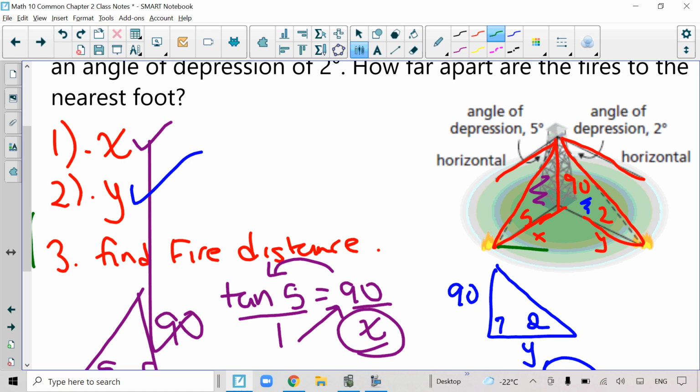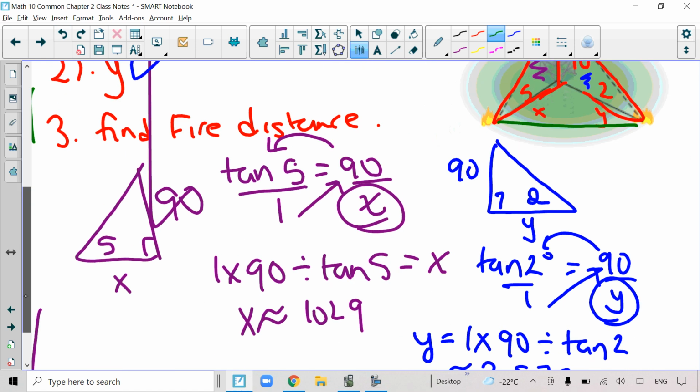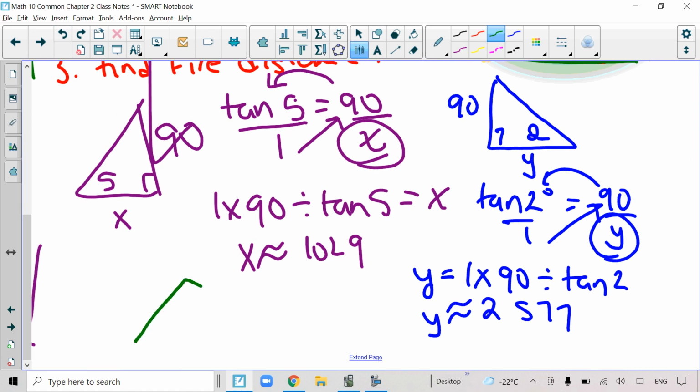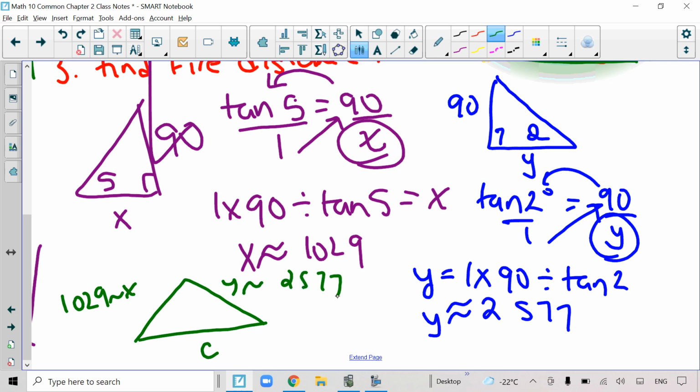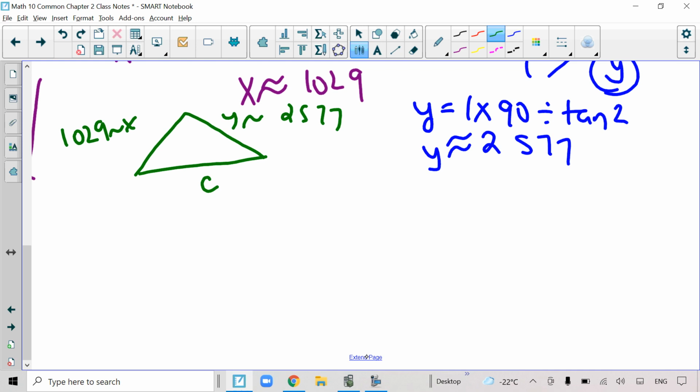I'll come down here, and it's made up of side x, side y, and then I want to find the hypotenuse because this is the distance between the fires. So we know that x is about 1029. We know that y is about 2,577, but again, we are not using the exact values. We'll do that on our calculator.